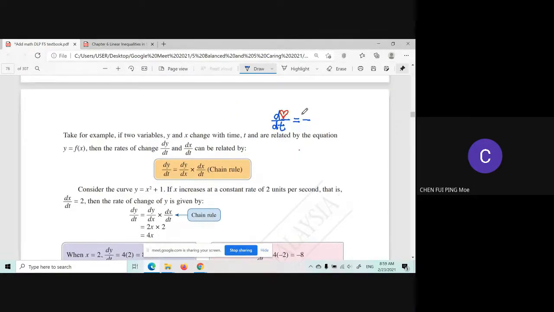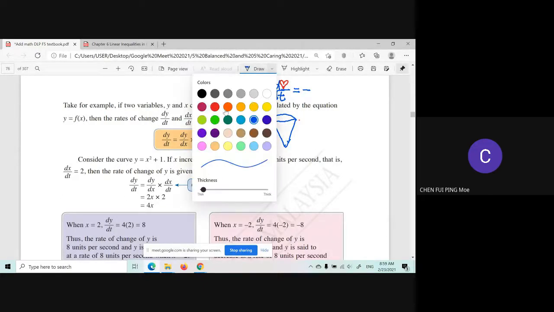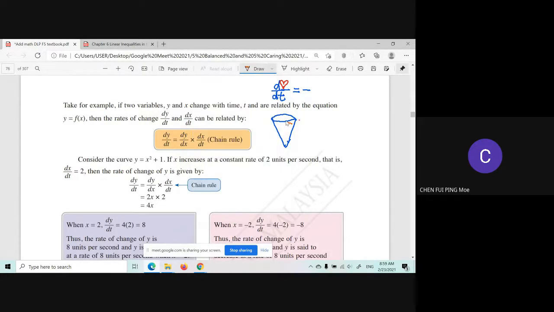Okay, I give you an example. Now I have a cone. Inside this cone, I have put water. And then I cut here. When I cut here, water will come out, right? When water comes out, your dV dt, the rate of change for the volume inside the cone, will be negative.